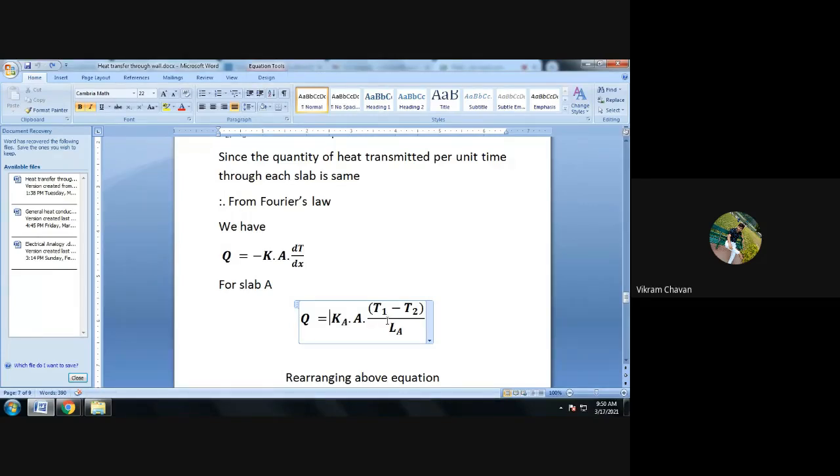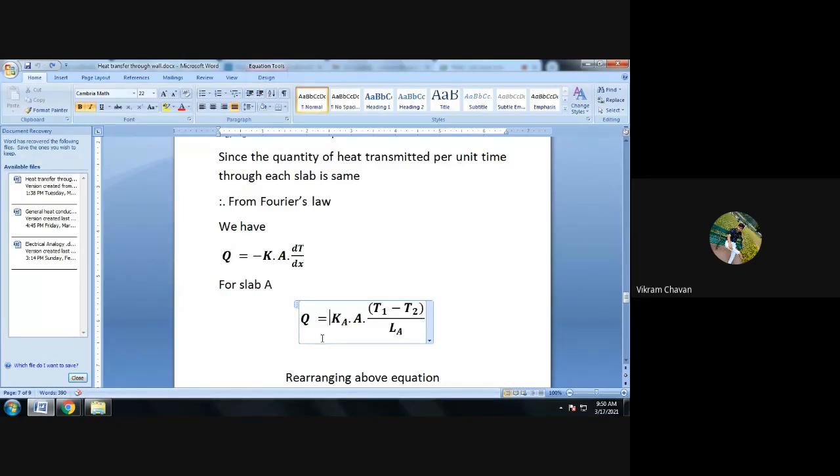Whole divided by the thickness of slab A. So Q equals K suffix A multiplied by A multiplied by T1 minus T2 divided by L suffix A. That will be the equation for heat flow through slab A.